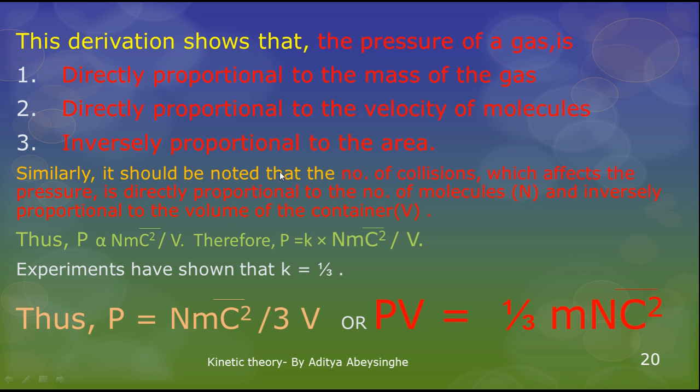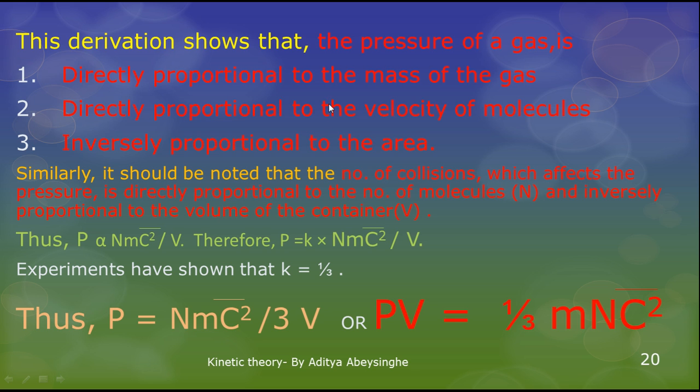Now when the number of molecules in a given unit volume decreases, there is enough space for the other molecules to travel and collide with the walls and make impacts and make some forces and then create the pressure.